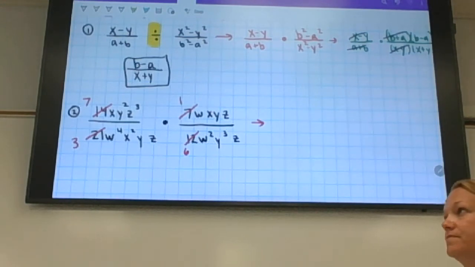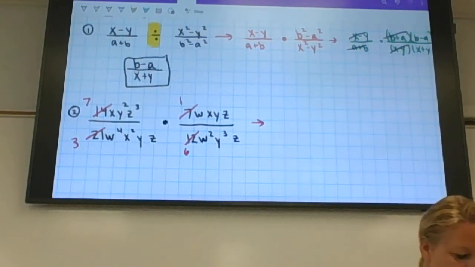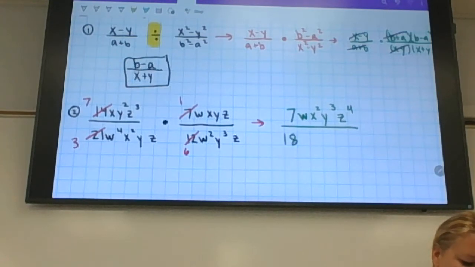Now, there's more than one right way to do this. But now I'm going to multiply across and make this one fraction, making 7w x squared y to the third z to the fourth over 18 w to the sixth x squared y to the fourth z squared.